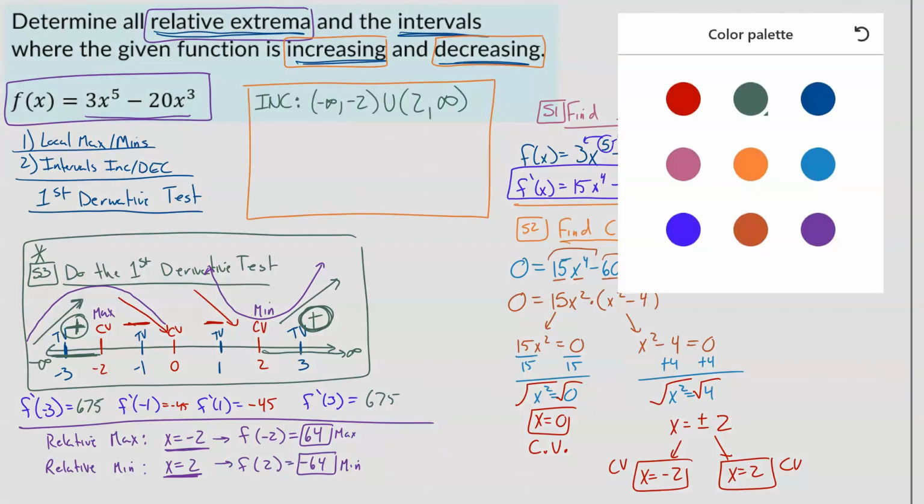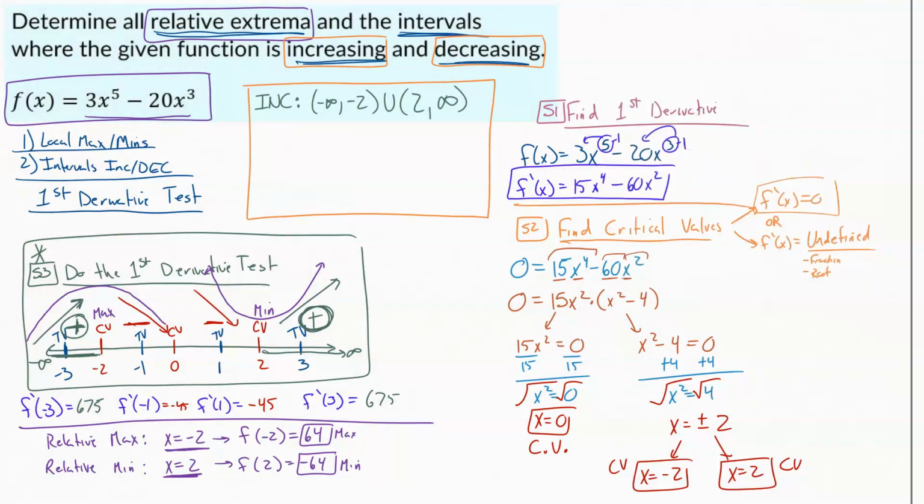The tricky part on this problem is the decreasing section. This graph is decreasing starting here at negative 2, and then it does not end again until over here at positive 2. So from negative 2 to 2, this graph continues to decrease.